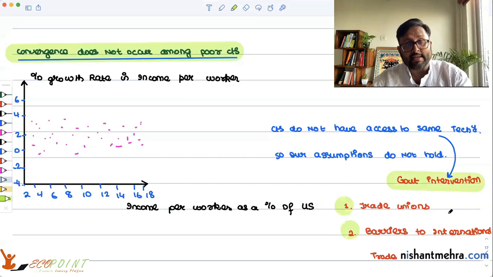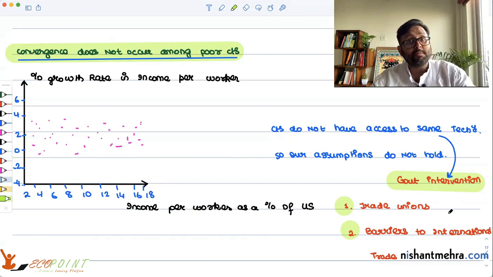Because governments have nationalist policies. Governments have protectionist policies. They want to protect their indigenous industries from foreign competition. They want their industries to grow, first of all, without any competition. But the problem is there is no growth without competition. That is always there.